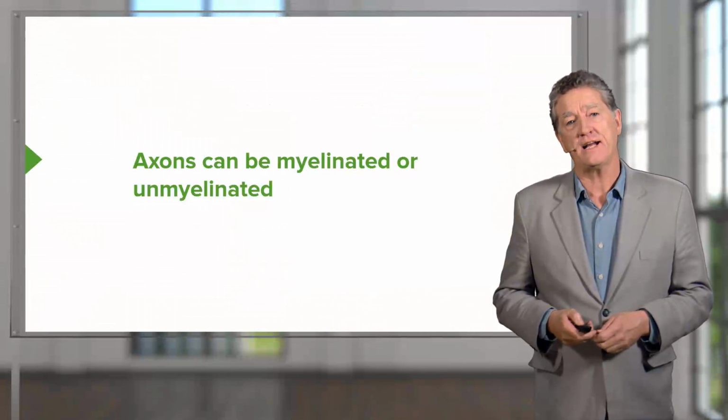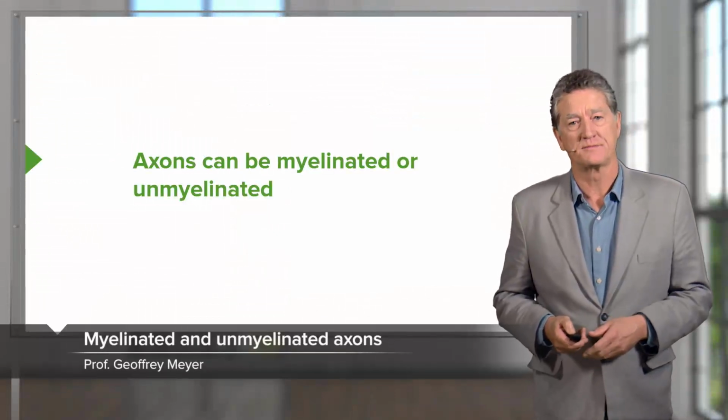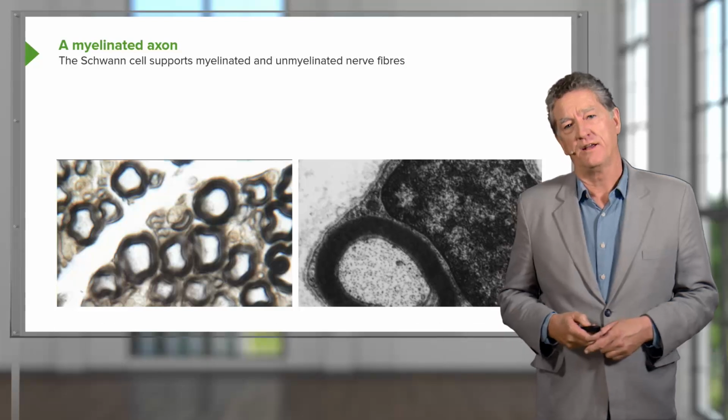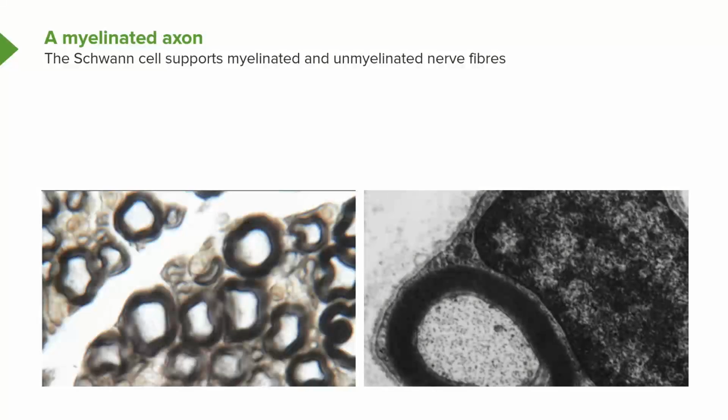Now, axons, as I mentioned earlier, can be myelinated or unmyelinated. Here is a high magnification image on the left-hand side of a nerve that's been treated by a fixative where the myelin has been retained.